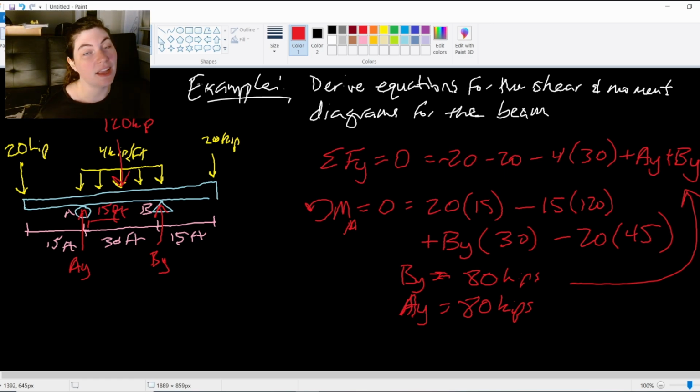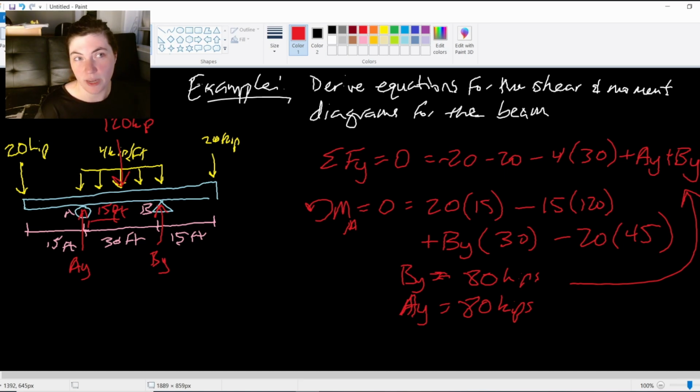Now, again, we could have said that these were 80 kips by symmetry, much like we did in the first one, but this was just mathing it out, showing you that yes, by symmetry, it's going to be true. It's 80 kips. So this is true by symmetry, that both reactions are the same.